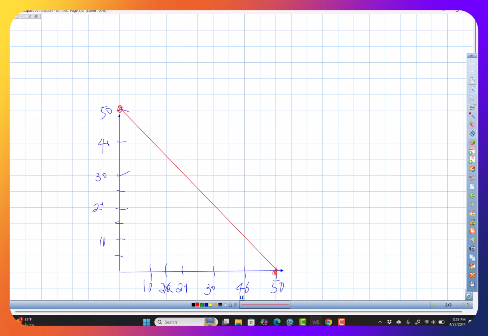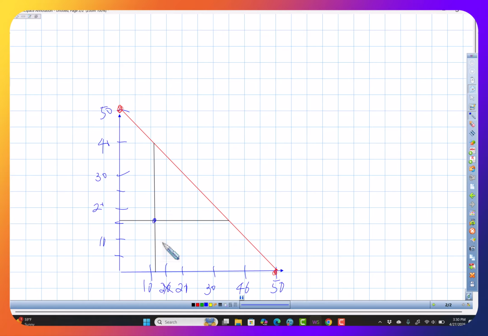And then they told us that snorkeling had to be at least 12, which is going to be about right here, a vertical line. And scuba diving is going to be right about there, and then we're going down by 1 each time.